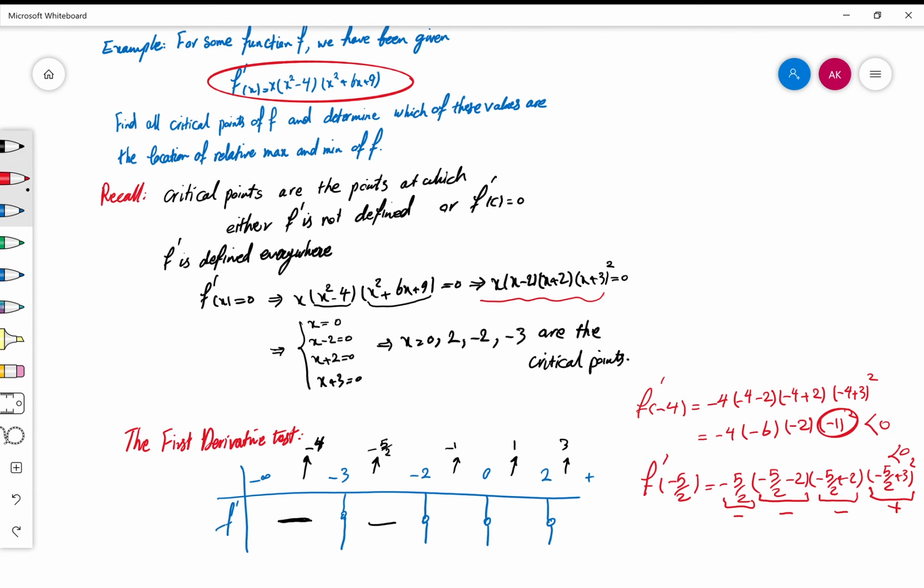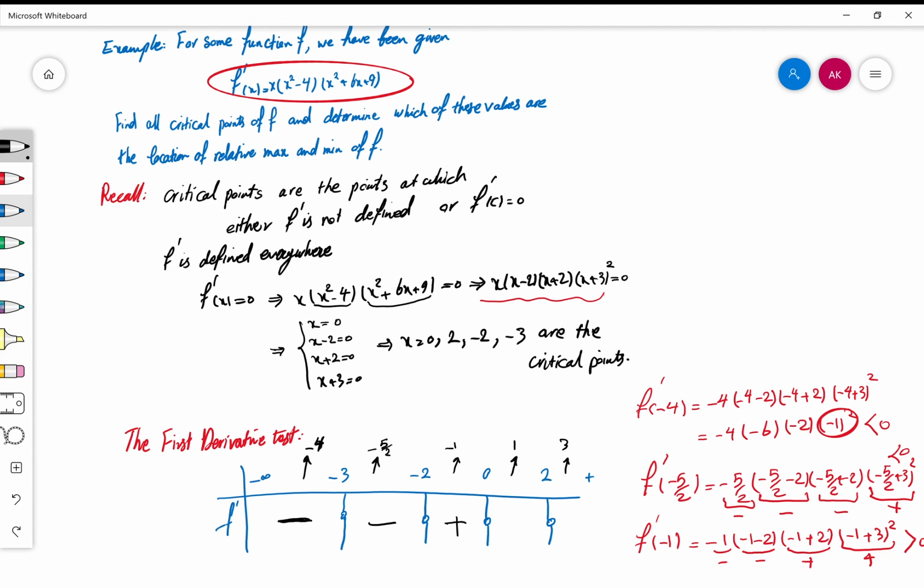How about f prime at negative 1? F prime at negative 1 is negative 1 times negative 1 minus 2, negative 1 plus 2, negative 1 plus 3 squared. Again, this number, whatever it is, squared is going to be positive. This is 1, this is positive, this is negative, this is negative. There are 2 negative signs, so you multiply, you get positive.